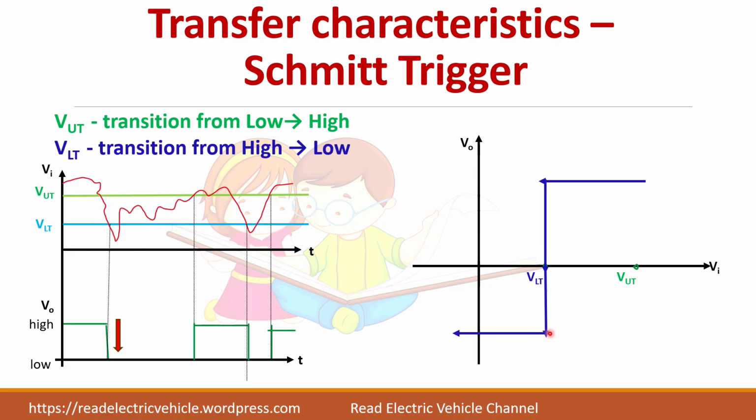But if the input increases again, input is increasing means we are going in this direction. It will increase till you reach the upper threshold. Once you reach the upper threshold, the output goes from low to high, and it remains in the high state. So this is how we draw the transfer characteristics for the Schmitt trigger.